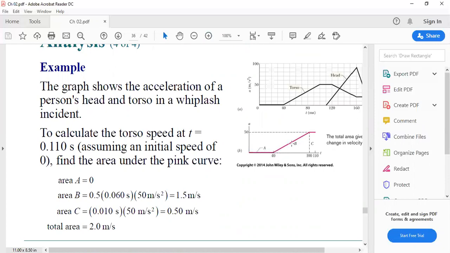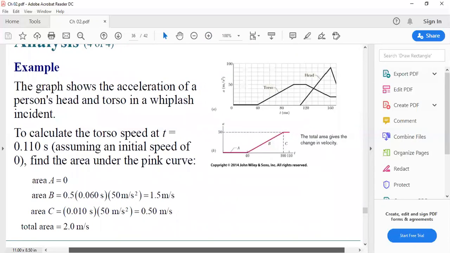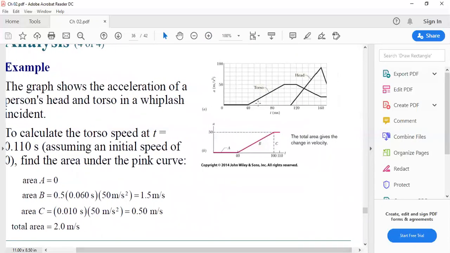If you look at it from B, the area under B is going to be half of 0.060, basically from this time to this time, multiplied by the acceleration, which in this case happens to be 50, which you can see as it hits right here.